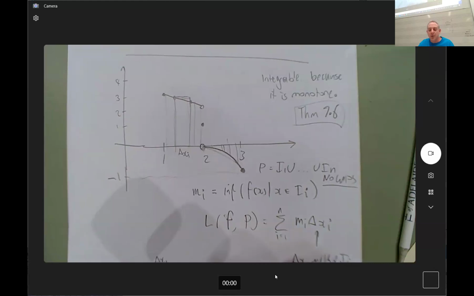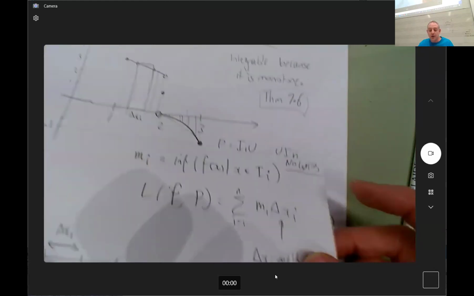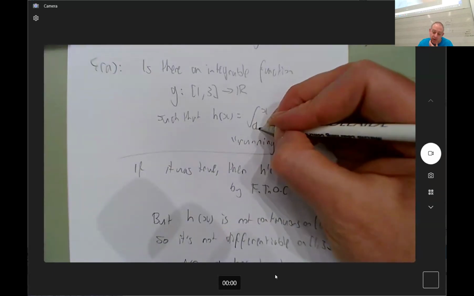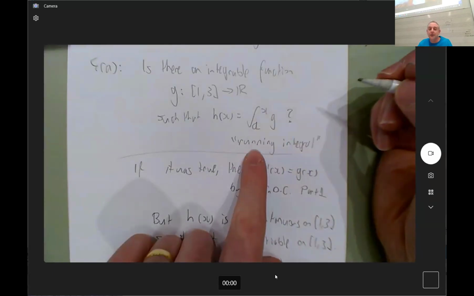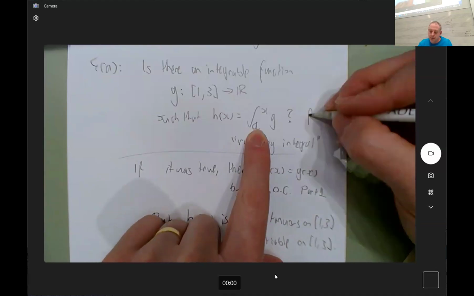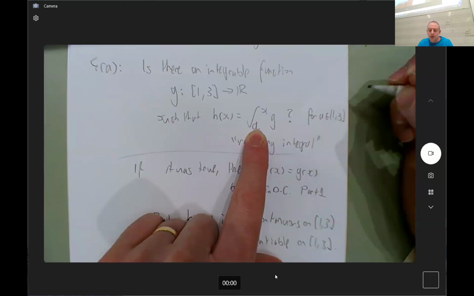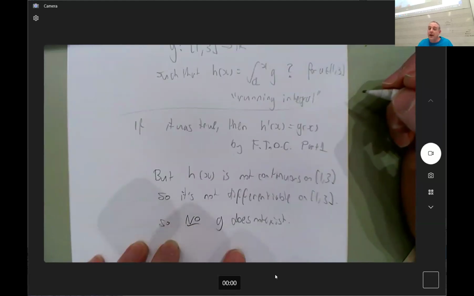But if I change the question, even if this wasn't a 1, if it was just an a, for a in [1, 3], then this answer would cover it for any a.